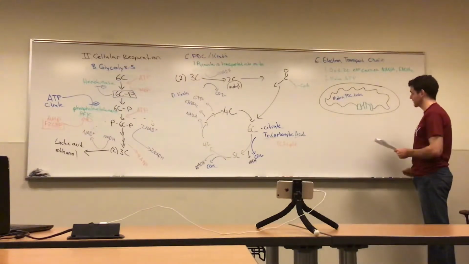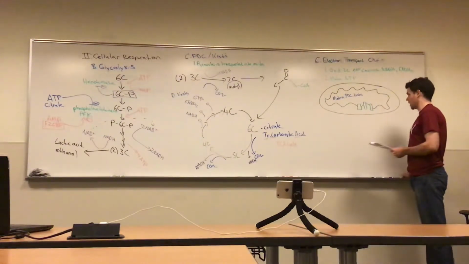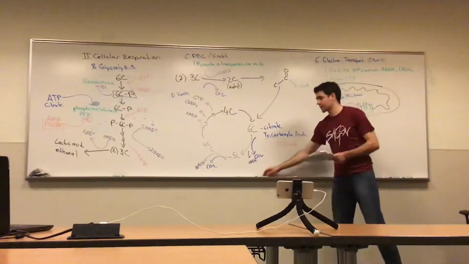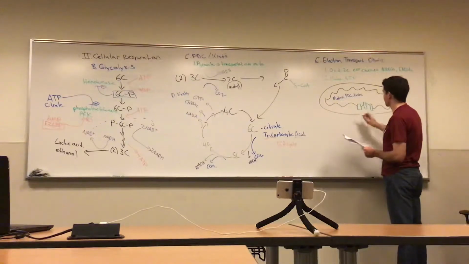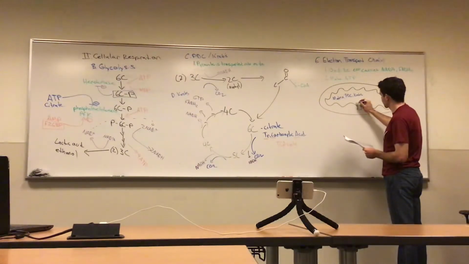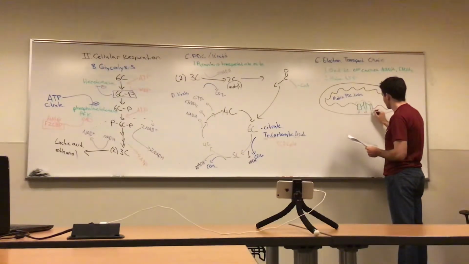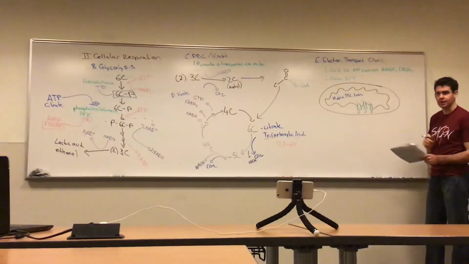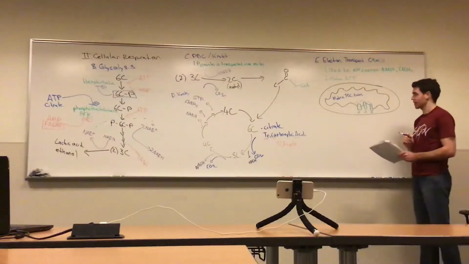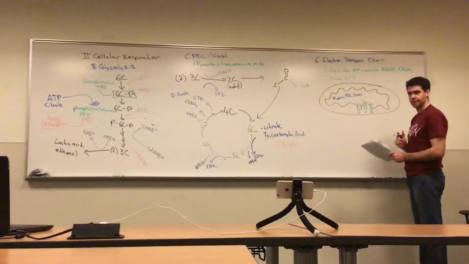Now what happens is electrons get dropped off, and then these things take those electrons, and what they're able to do is actually pump protons, or we can also call them hydrogen ions, into the inner membrane space against their gradient.